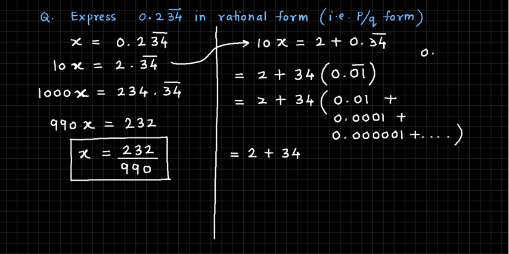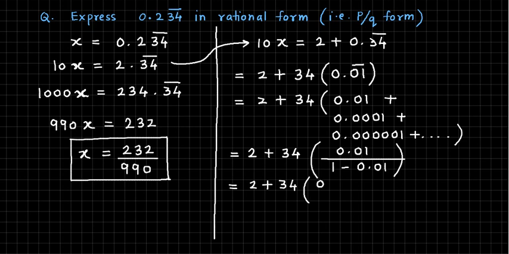So the bracket represents an infinite series, and its sum is given by the formula a upon 1 minus r, where a is the first term, 0.01, upon 1 minus r, which is also 0.01. That gives us 2 plus 34 into 0.01 upon 0.99. Now 0.01 upon 0.99 is nothing but 1 upon 99, so we have 34 upon 99.